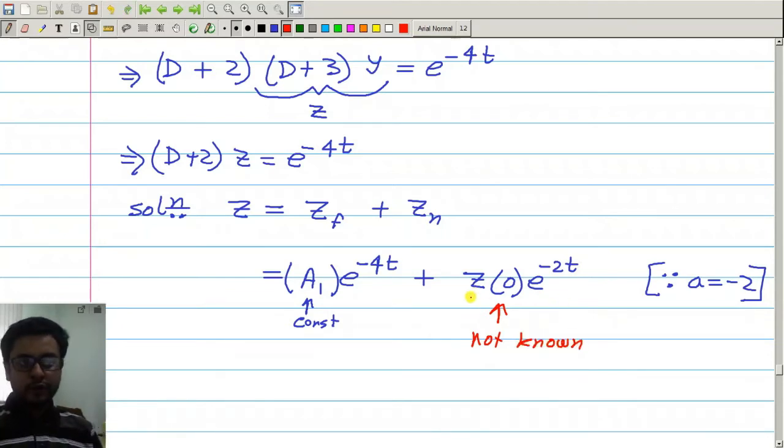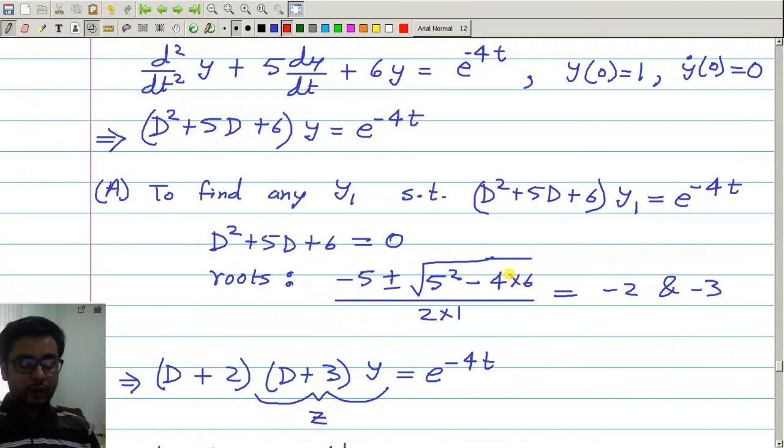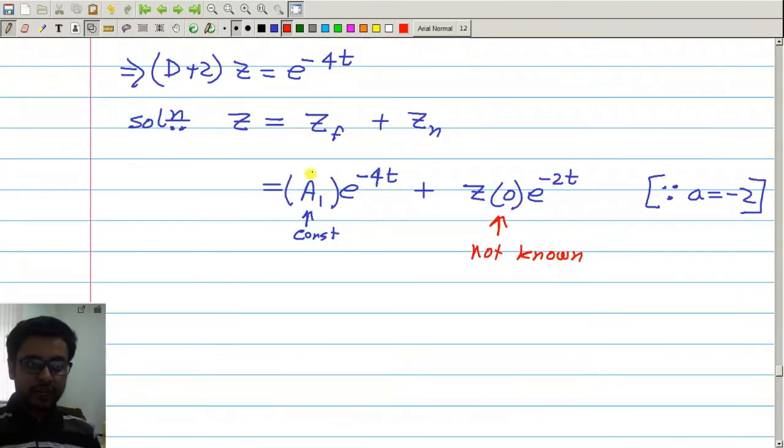But we will not bother about this because in our first step we want to find one solution that satisfies the given differential equation without bothering about the initial conditions. So we shall put it equal to 0.